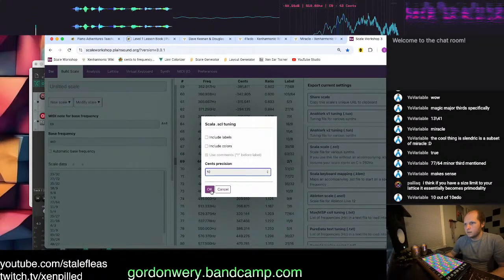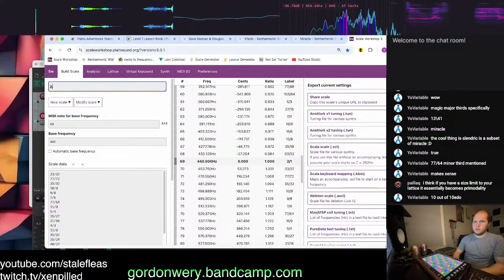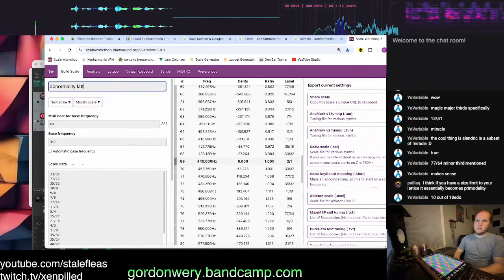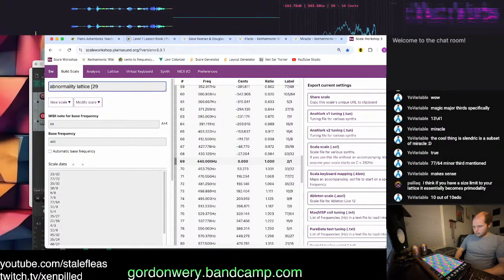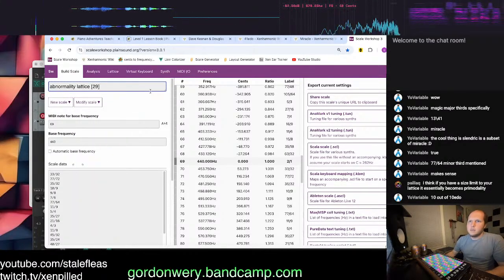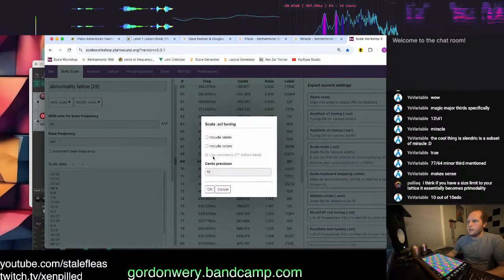If I was going to do something that's 12 notes, I would have to make sure that 5/4 is always mapped to 4 steps, because that's how many it's mapped to in that Edo, and 3/2 is always mapped to 7 steps, and so on and so forth. So sometimes it can be hard.